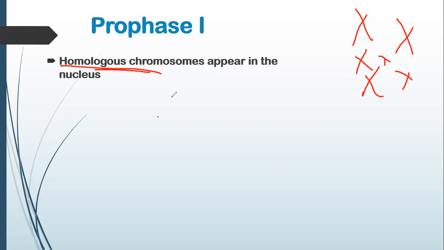And these pairs are pairs of homologous chromosomes. That's all, guys. Let's proceed.